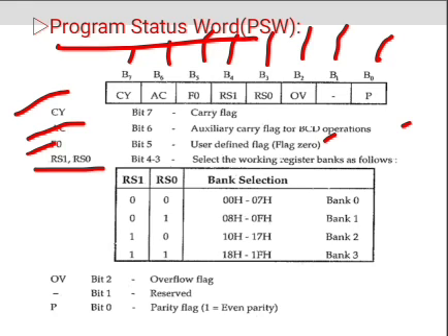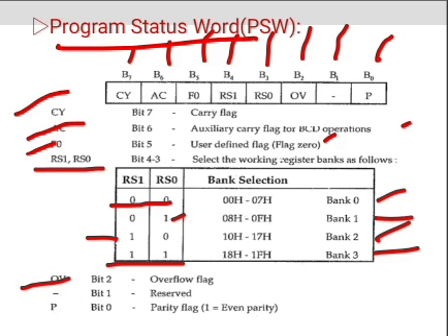These are the register bank select bits. When these two are low, it selects bank 0. When these two are high, it selects bank 3. When RS0 is high, it will select bank 1. When RS1 is high, it will select bank 2.